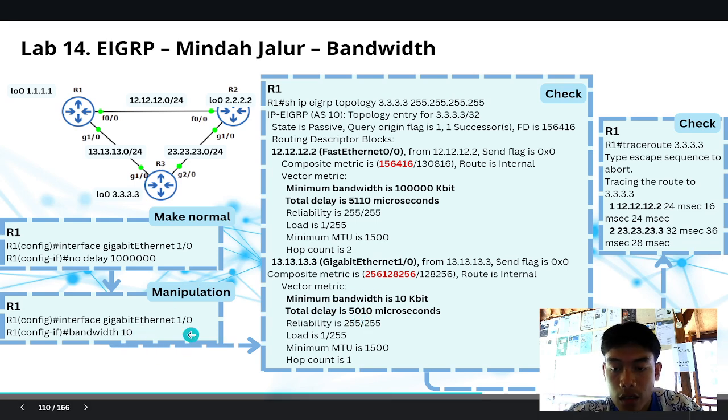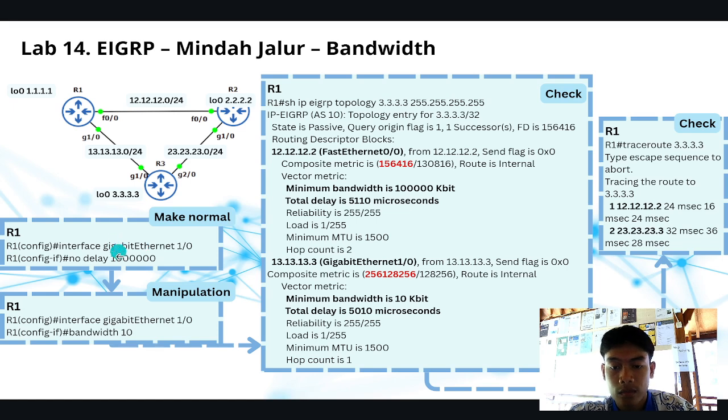By default, the gigabit interface has a very high bandwidth, and reducing it to 10 kbit makes the EIGRP metric for this path extremely high. And then EIGRP will prefer the alternative path through router 2.